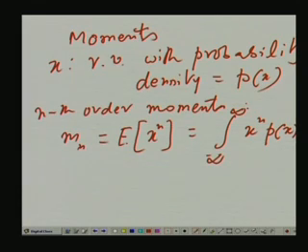So, you can see what is m 0? M 0 is just integral of p x dx, which is equal to 1. What is m 1? M 1 is integral of x p x dx, which is mean mu, and likewise.